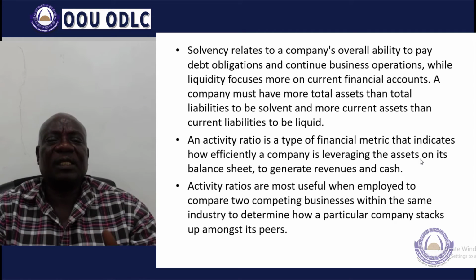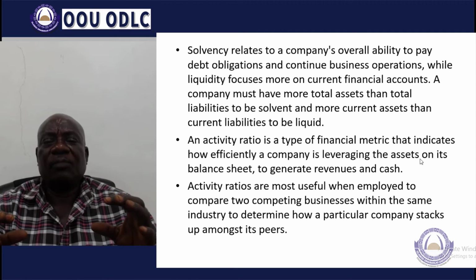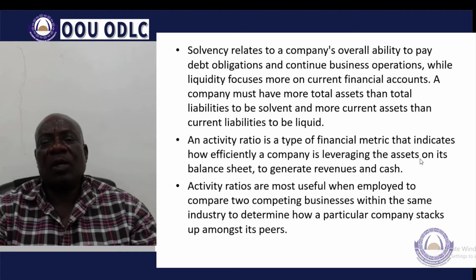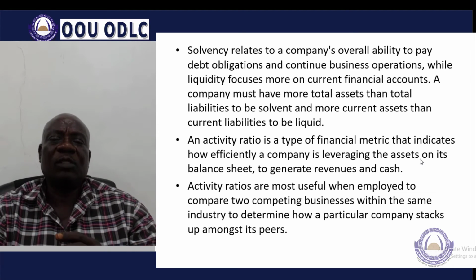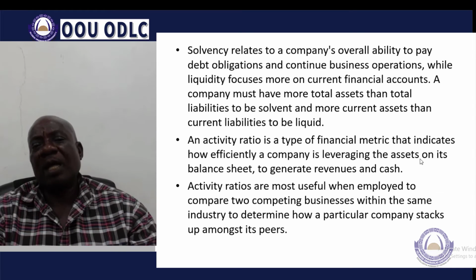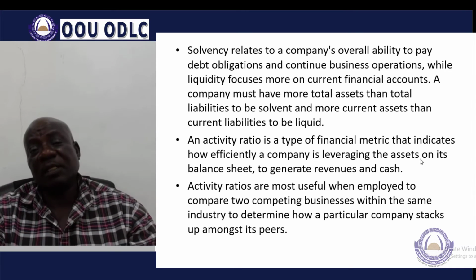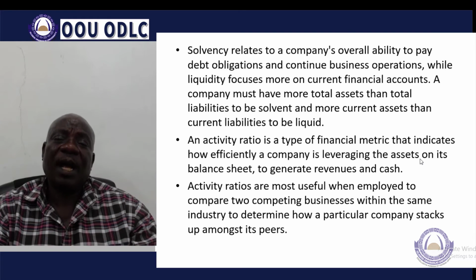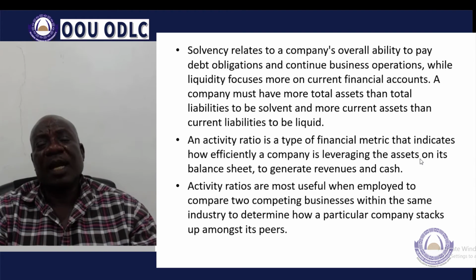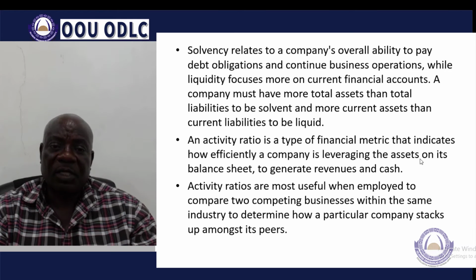Then in the balance sheet also, we have two items on both sides. One aspect looks at current assets, which are made up of stock, cash, balance at the bank, receivables, and also debtors in some cases. Then the other aspect is current liabilities: creditors, payables, and other expenses incurred which have not been paid.